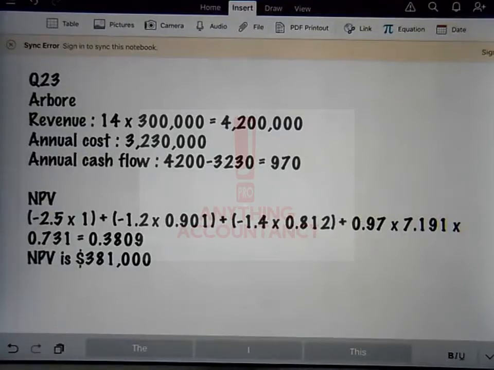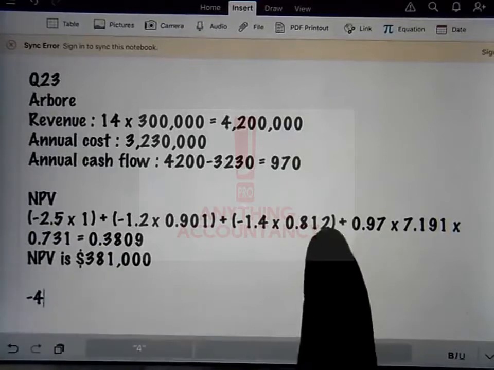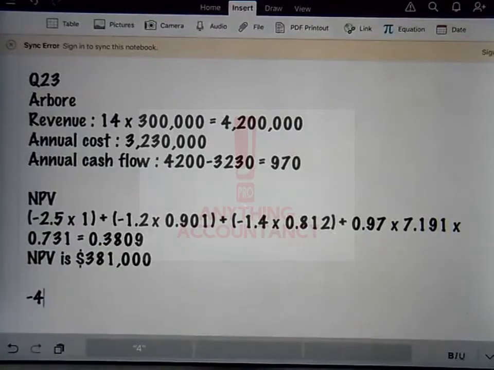So it's going to be, these front three numbers are what? Add up all of this. Minus 4, 1, 2, 3. 4, 7, 1, 8 lah. Okay.